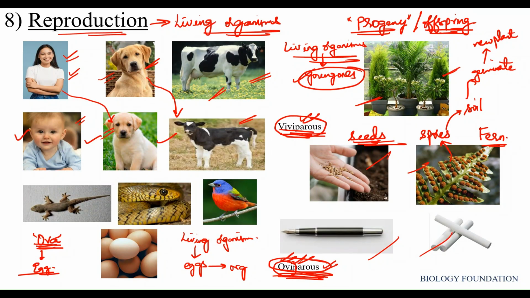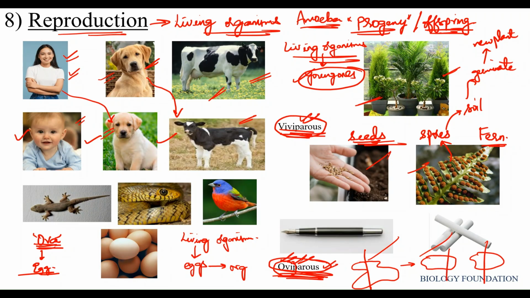It can be very simple reproduction. For example, if you remember amoeba, it's a single celled organism, right? In amoeba, what happens is, for example, this is your amoeba. It just simply divides into two. Now each will act as an independent organism. There are two amoeba formed.